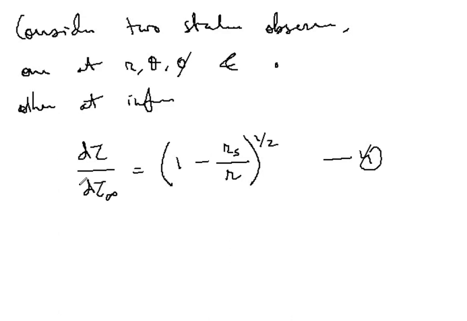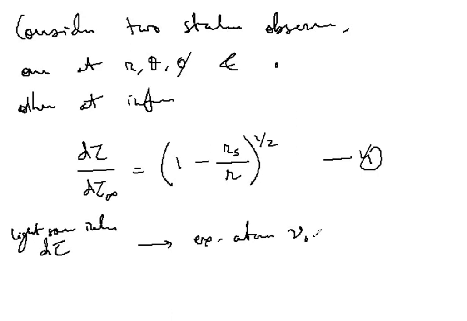Now suppose that the first of them operates a light source emitting signals at regular intervals d tau. Say, for example, an atom emitting with a frequency nu0 equal to 1 by d tau.